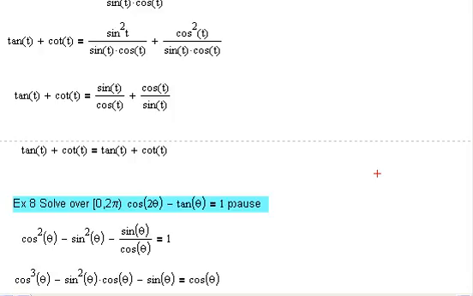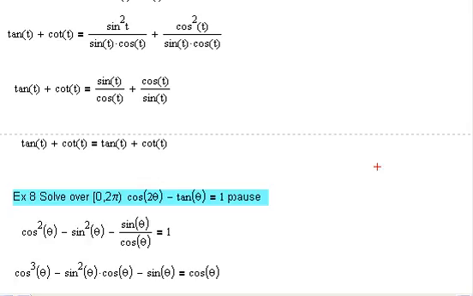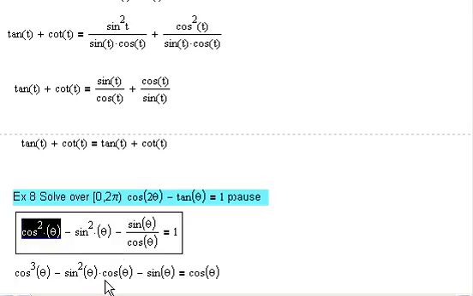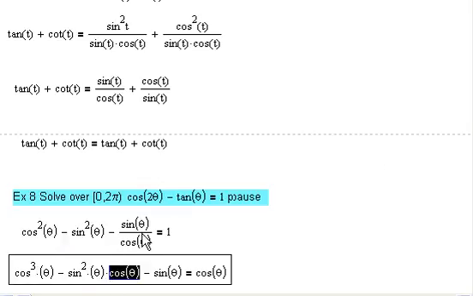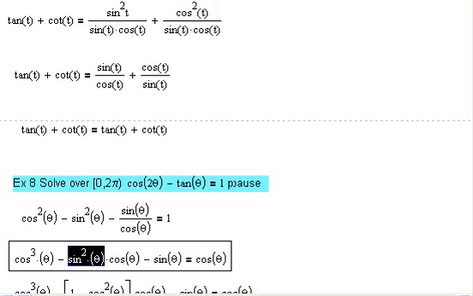However, one thing I could do is multiply both sides of the equation by cosine theta, giving me cosine cubed here, cosine times sine squared theta here, sine theta here, and just cosine theta on the right-hand side. Again, we do have the problem that we've got 2 different trig functions. One thing we could easily do is replace this sine squared with 1 minus cosine squared.